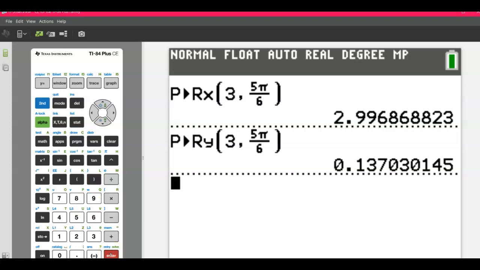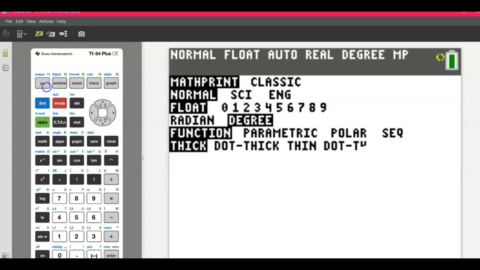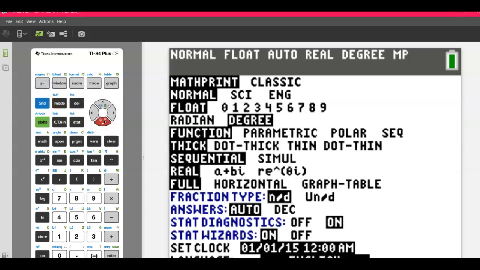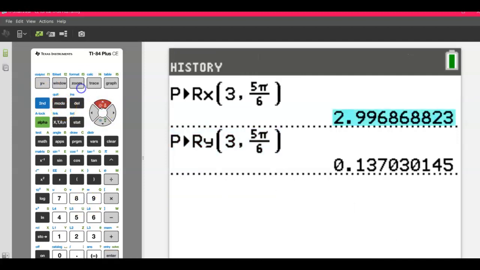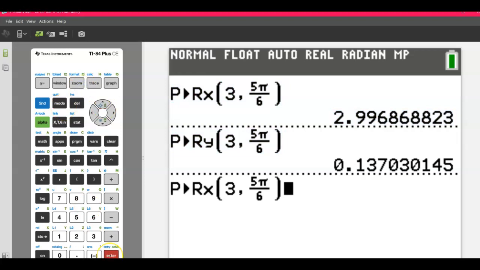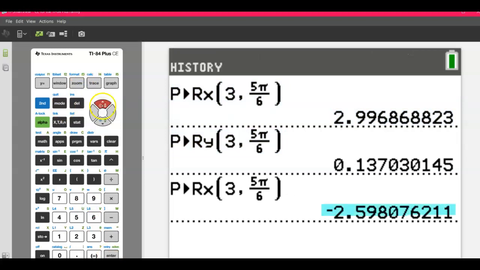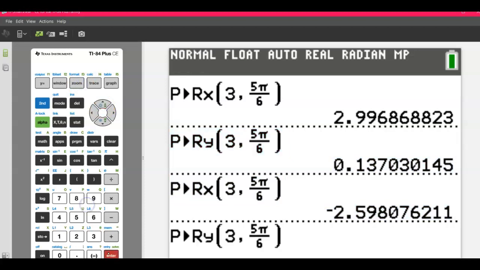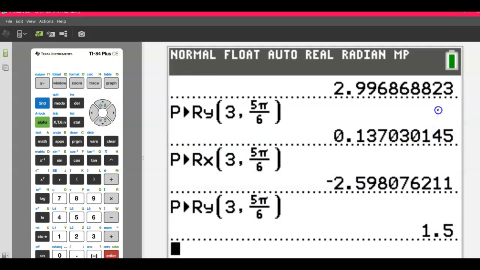I'm sorry. My bad. I'm still in degrees when I should be in radians. Try that all again. Sorry, I'm just going to copy that, and go up one more. Copy the Y value. There we go. So there's our negative 3 and 1.5 values that we should have gotten for our answers.